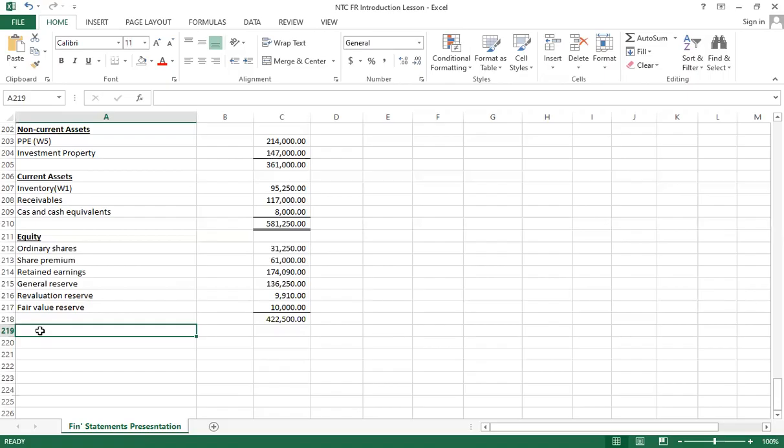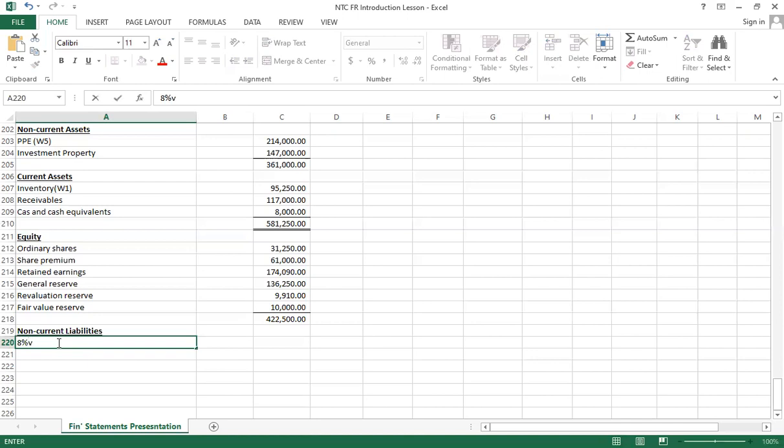So next we have the non-current liabilities. The first one here, I think we saw that we have the 8% loan stock.